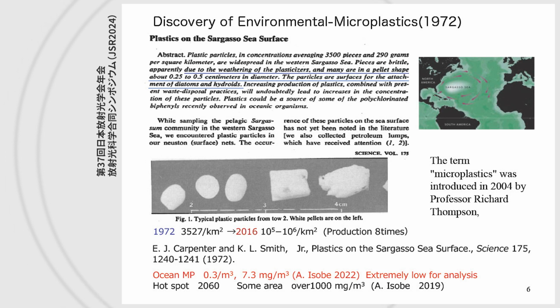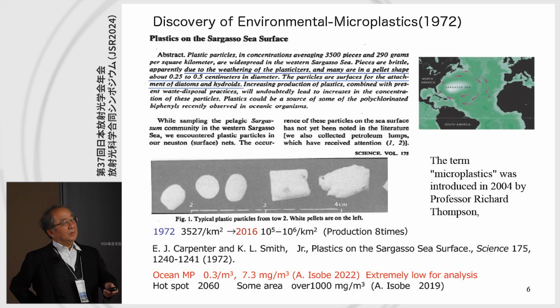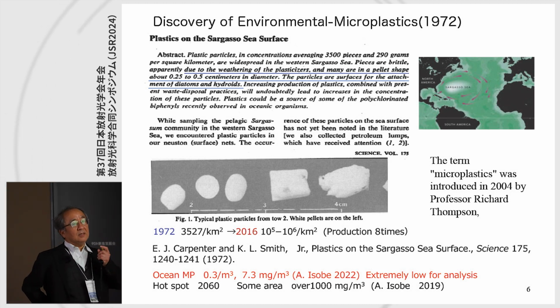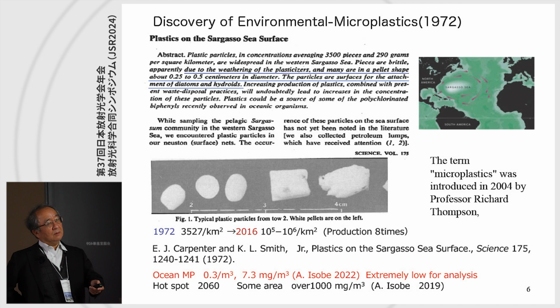Professor Isobe at our Kyushu University estimated the amount of microplastics in the ocean. Compared with 1972 in the Sargasso Sea, in 2016 plastic production is 8 times higher, but this amount is 10 to the 5 to 10 to the 6 times higher. It's more than the increase in the production rate.